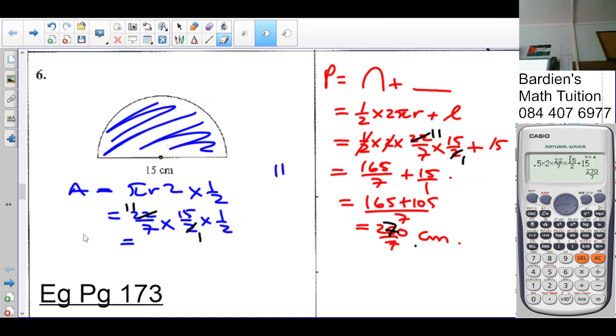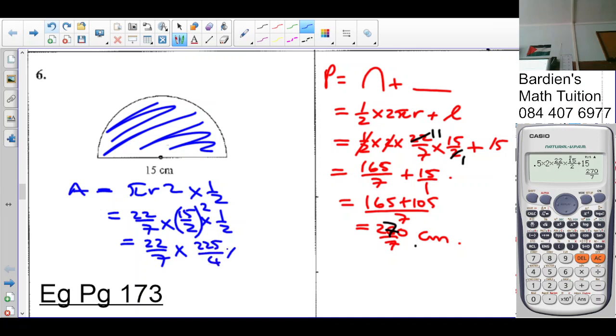Okay, I'm messing up here. It was supposed to have been squared here. So it's going to be 22 over 7 multiplied by 15 squared, which is 225 over 4, times half. That goes 1 and 11 here.